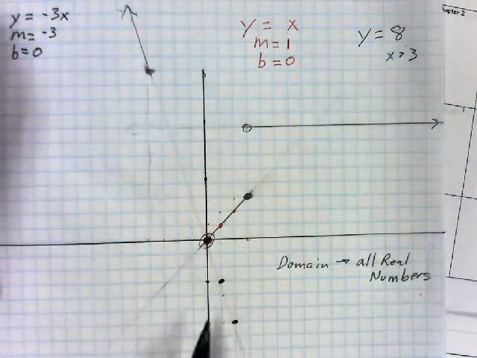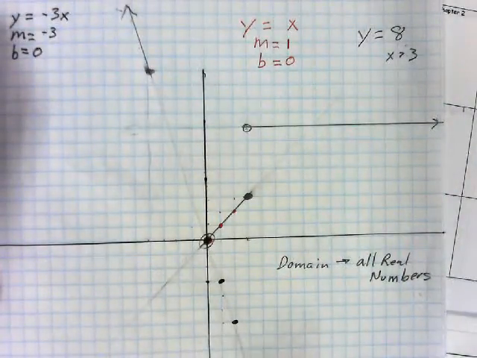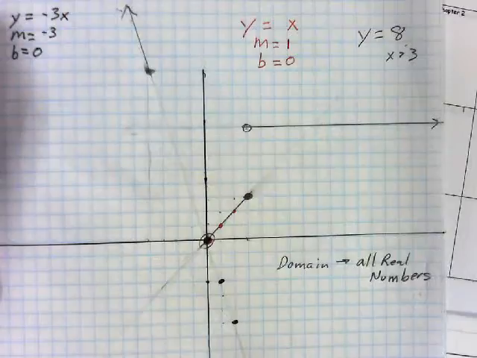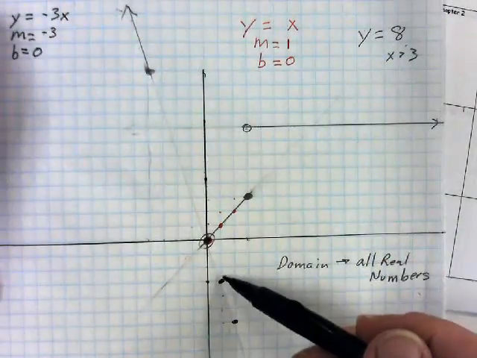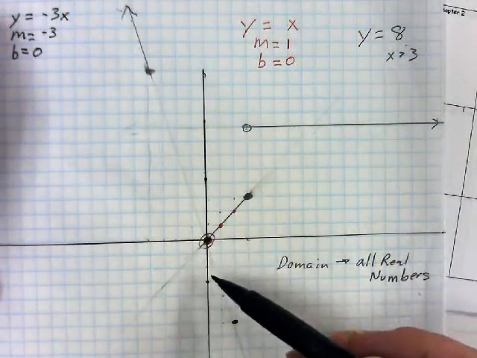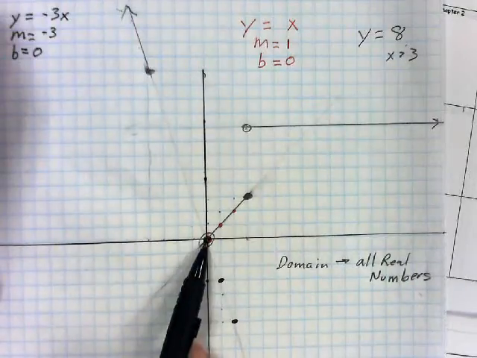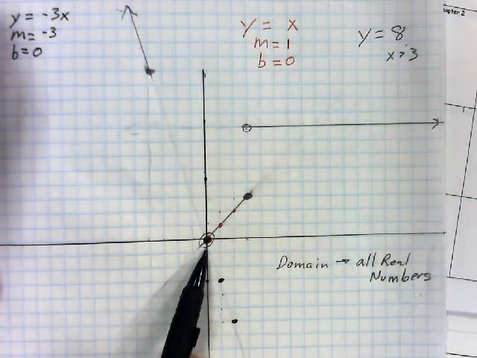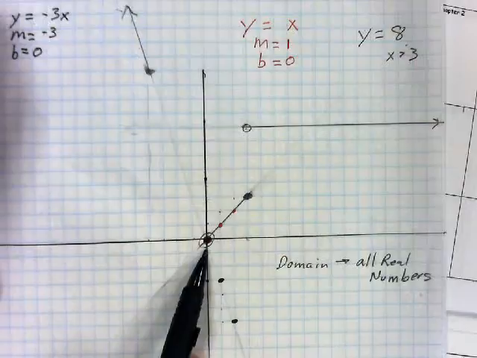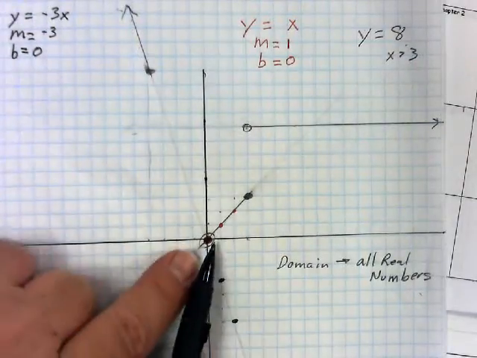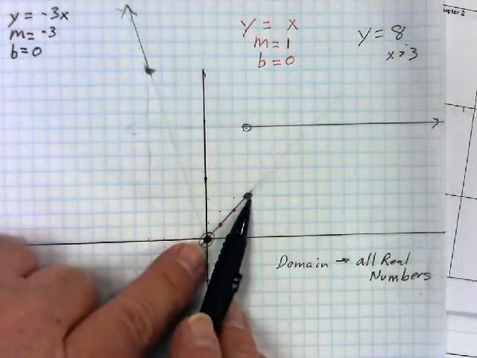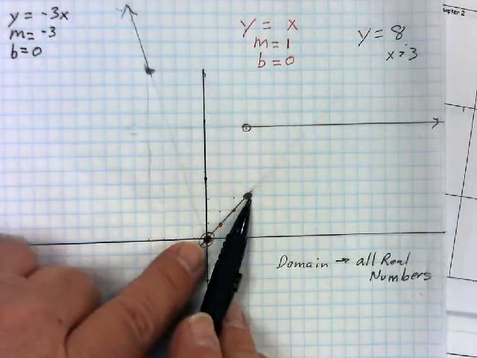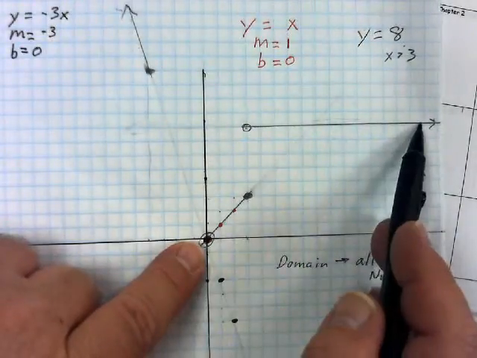What's the lowest that the range ever gets to? Right here is the lowest point, isn't it? 0. What's the largest that they ever get to? Well, here it stops at 3, doesn't it? Here it stops at 8. Would you agree? Here it goes on forever, doesn't it?